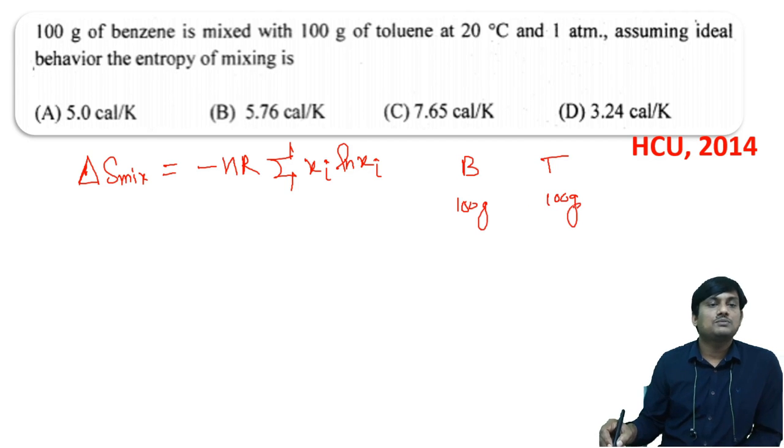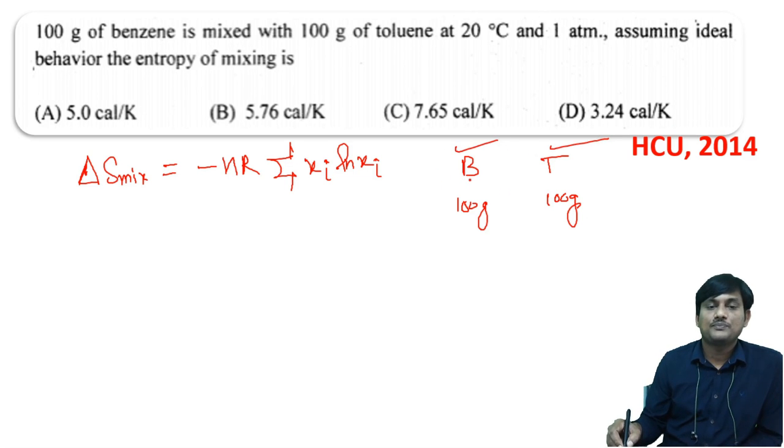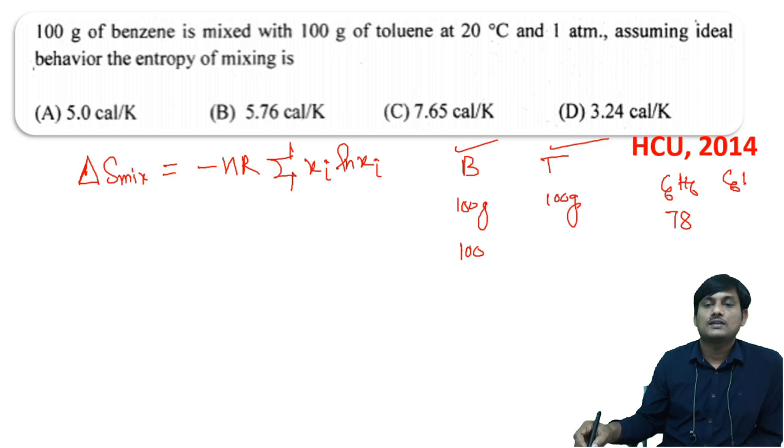Then what is the molecular weight of benzene and toluene? Benzene C6H6 is 78 grams, and this one is C6H5CH3. You have to add 40, it will be equal to 92. So when you divide by 78, you get the number of moles of benzene, and also the number of moles of toluene when you divide by 92.